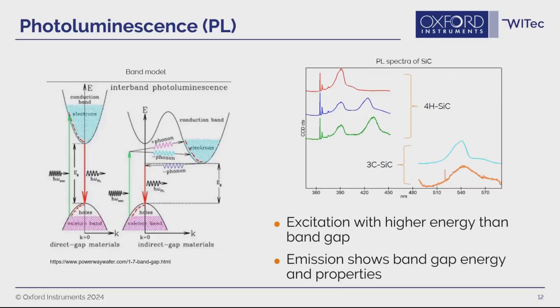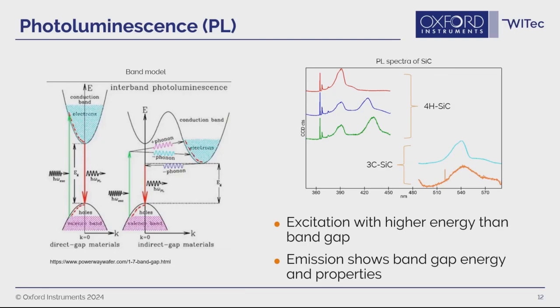A typical direct bandgap material is, for example, gallium nitride. These direct bandgap materials are mostly used for light-emitting electronic devices like LEDs. A typical indirect bandgap material is silicon, which is mostly used for microchips, as everybody knows.